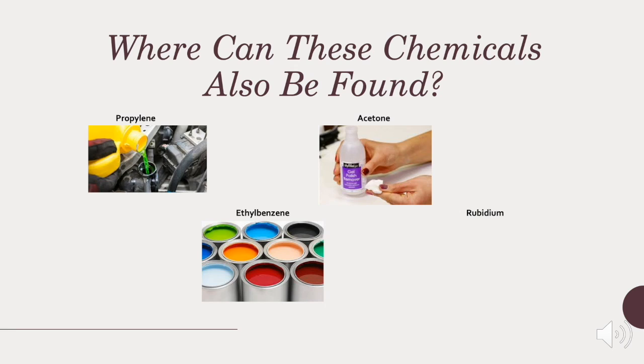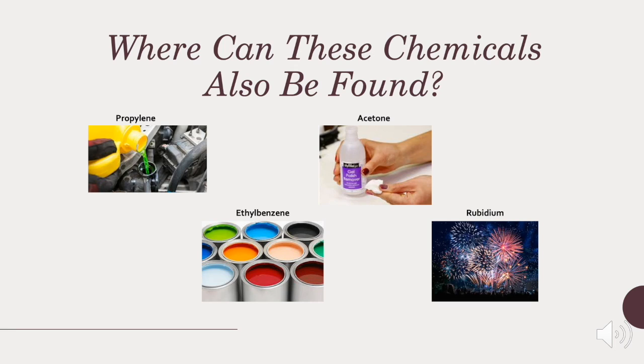Rubidium is a chemical that has been found in something that's in the sky on special occasions. Do you think you know it? It's actually fireworks. And if you're ever asked to use an e-cigarette, just think about all of these chemicals that could be in there next time that you make a decision.